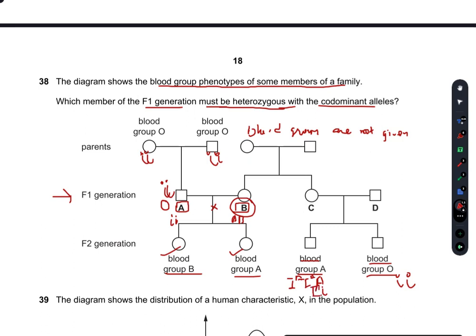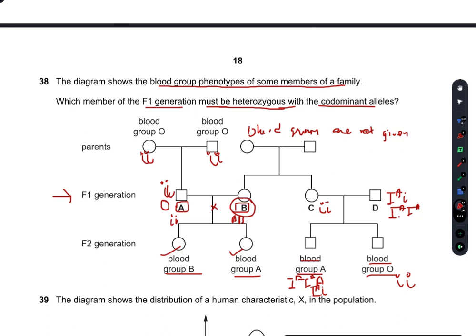So how will these two be formed? If one of these is I^A and i, or simply I^A or I^A, and one of these is an organism with blood group O.